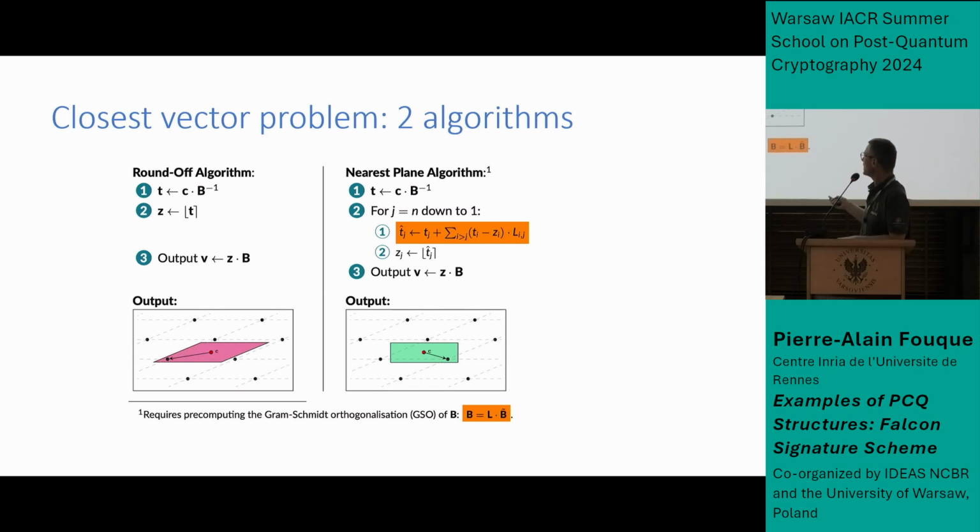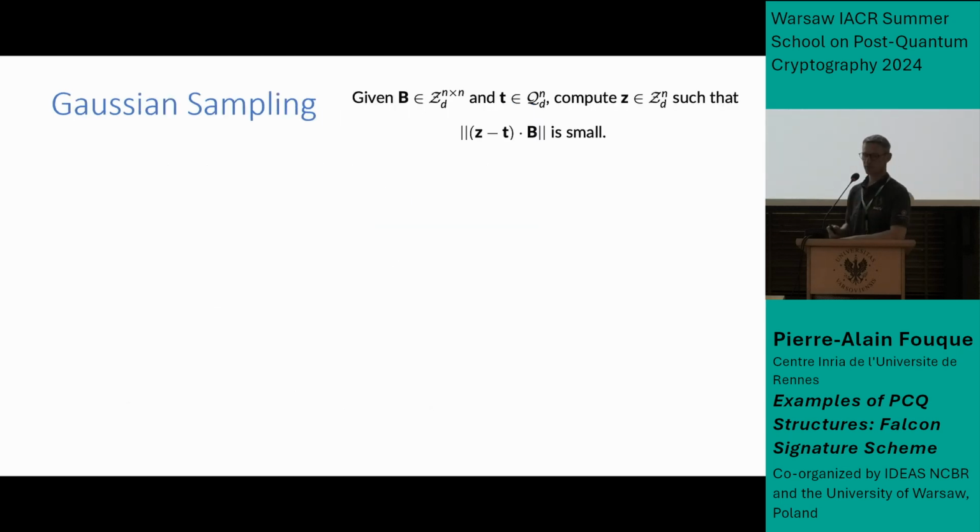And the main important thing to look at is that here you need to compute some Gram-Schmidt orthogonalization on the vectors. So the Gaussian sampling problem is the following. We can express this as follows. You have some basis B, you have some value c, and you want to compute a lattice point z so that the difference between the two is small.